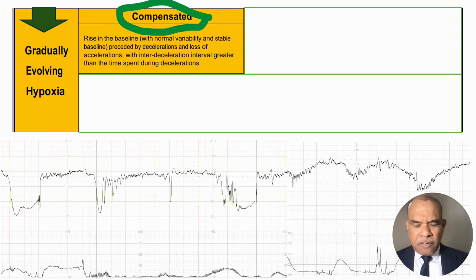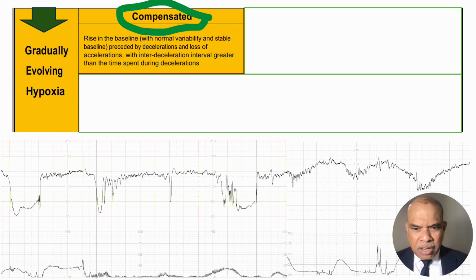Now those who have got the old mindset where they are panicking about morphology of decelerations, they would say, what about this? But the principles are the same. However ugly the deceleration looks, as long as the baseline heart rate hasn't increased, it is still hypoxemia.